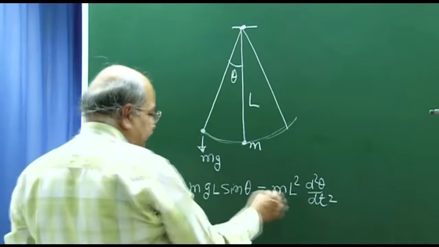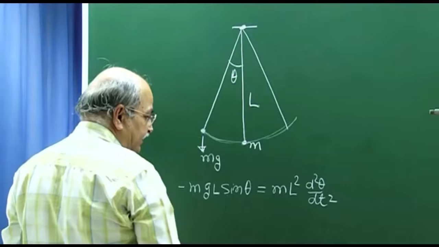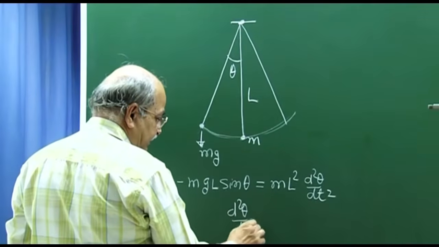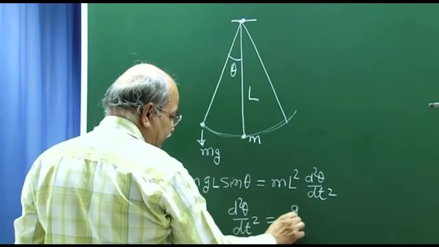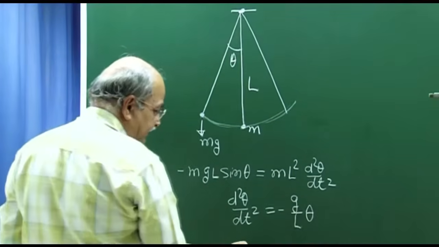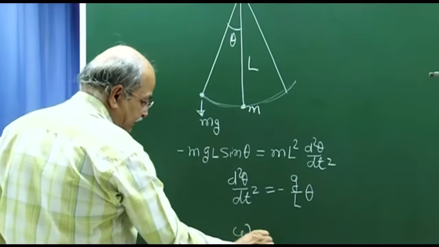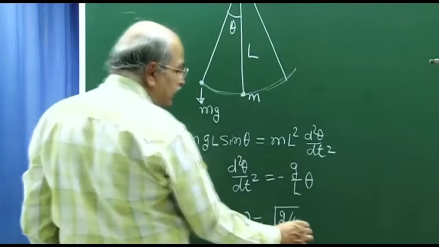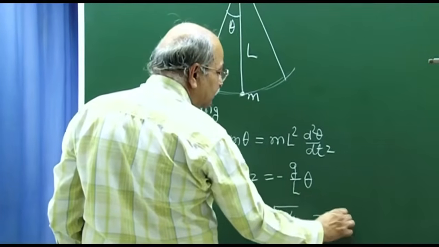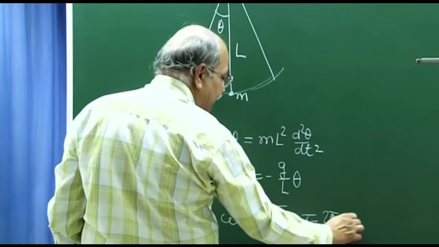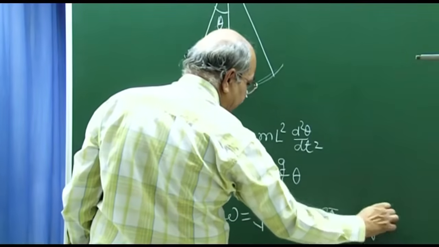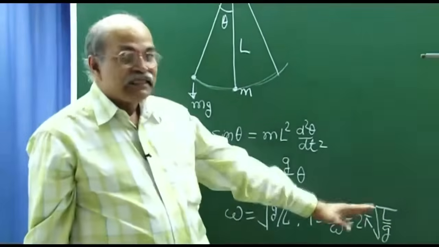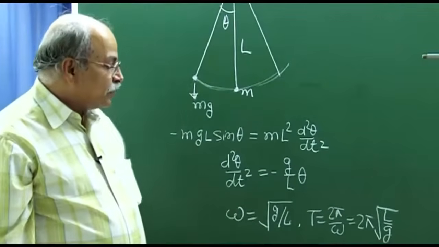And then you say that theta is small, so sine theta can be written as theta, and then d2 theta by dt square is equal to minus g by L theta, and hence omega is square root of g by L. And if you need time period, it is 2 pi by omega, and that is 2 pi square root of L by g. The standard formula for time period of a simple pendulum that one studies in schools.